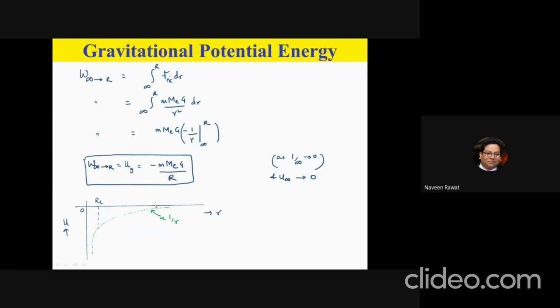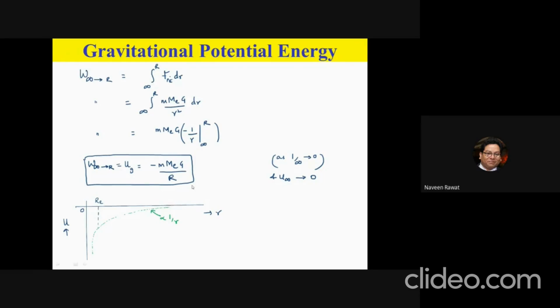Note that 0 is the maximum value and all the values are negative. And somewhere along the line at the radius of the earth, you just substitute the value of r of the earth here, and you will get the potential energy at the surface of the earth. And by convention, you have to remember that as r tends to infinity, this value of U will tend to 0.